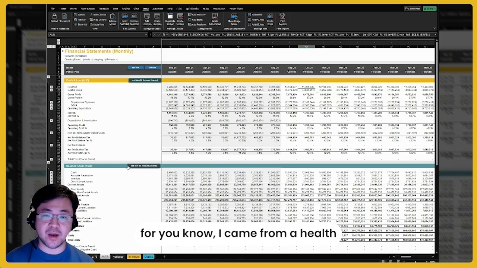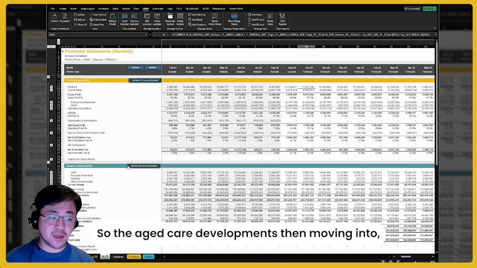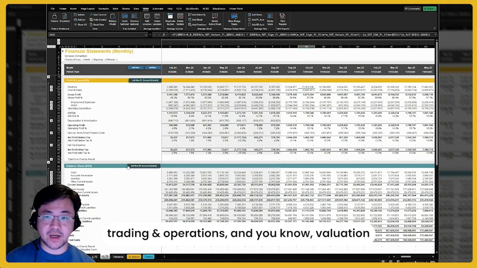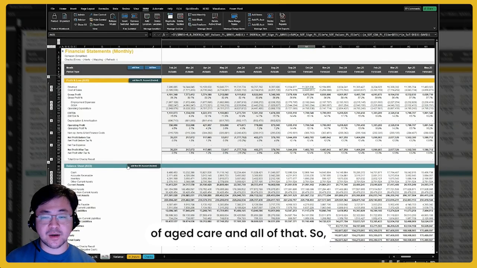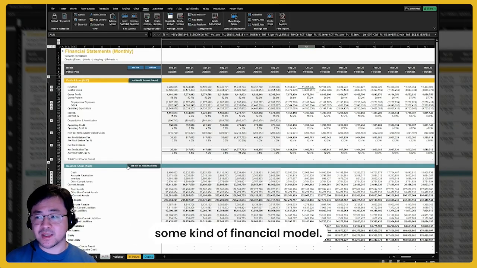I came from a health banking background, so aged care was something we dealt with a lot. So, aged care developments, then moving into trading, operation and valuation of aged care. In all cases, we would build some kind of financial model.